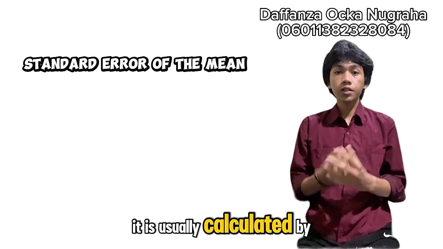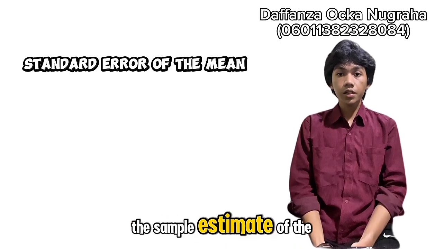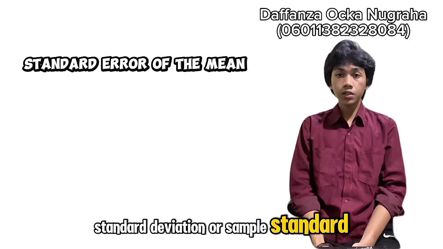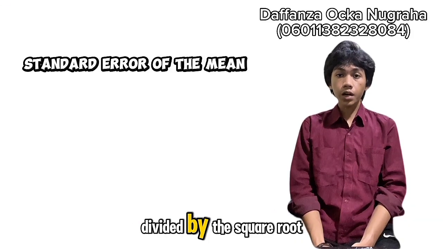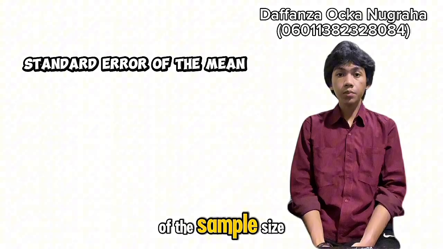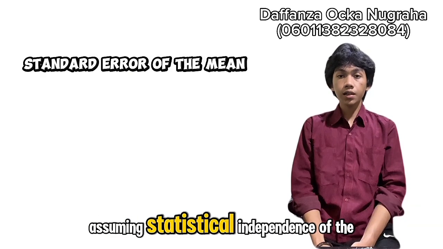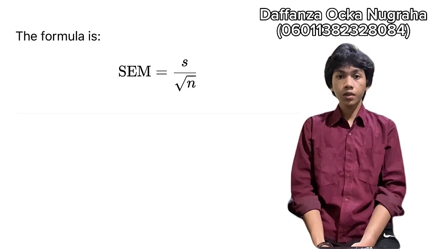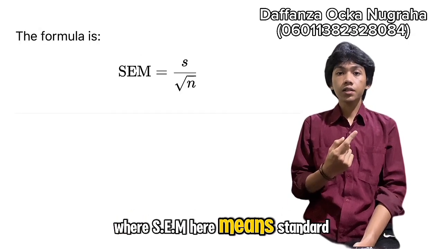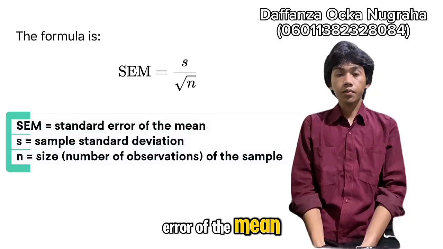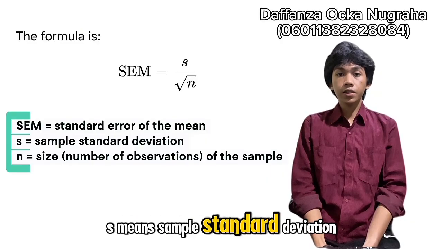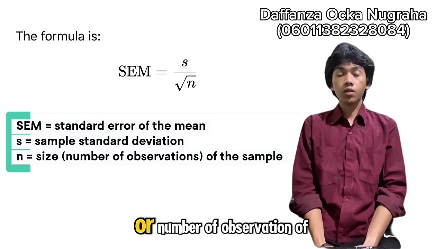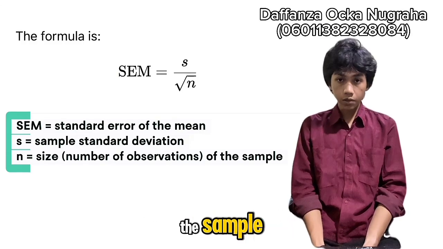It is usually calculated by the sample estimate of the population standard deviation, or sample standard deviation, divided by the square root of the sample size, assuming statistical independence of the values in the sample, where SEM means standard error of the mean, S means sample standard deviation, and N means size or number of observations of the sample.